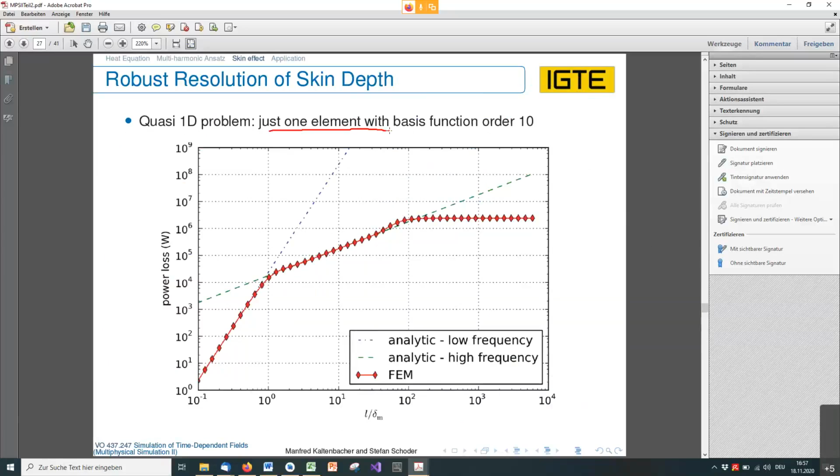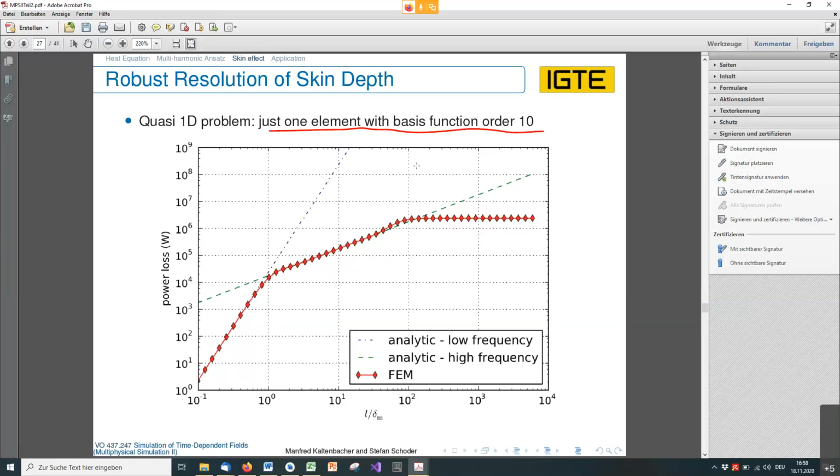If we would do just one element with basis function order of 10, we have the following issue. This curve, the blue dashed line is the low frequency limit, the green dashed line is the high frequency limit, and here the red line with the fancy dots is from the finite element computation.